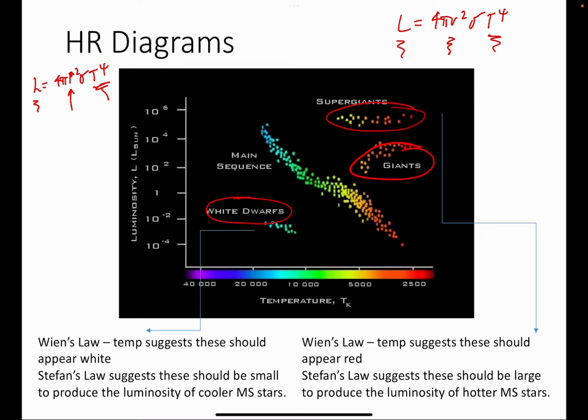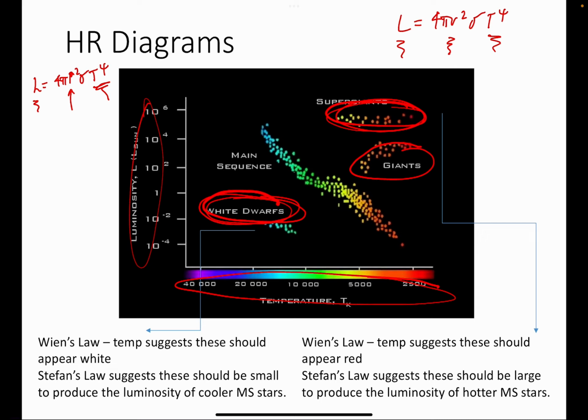Okay, you don't need to learn the range of values for luminosity and temperature, but you do need to just remember and take note of that reverse temperature scale on the x-axis, and appreciate that it's a logarithmic scale on the y-axis. So the difference in luminosity between, for example, the supergiant and the white dwarf, okay, is really significant. Okay, it's many, many orders of magnitude different in terms of luminosity.